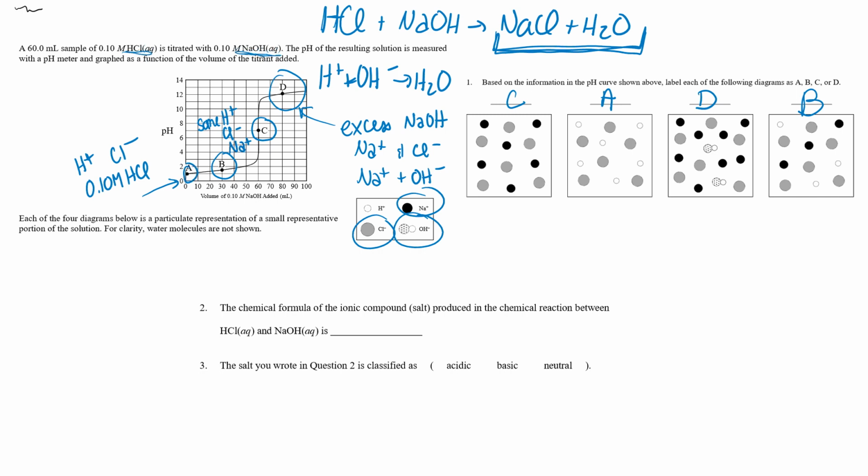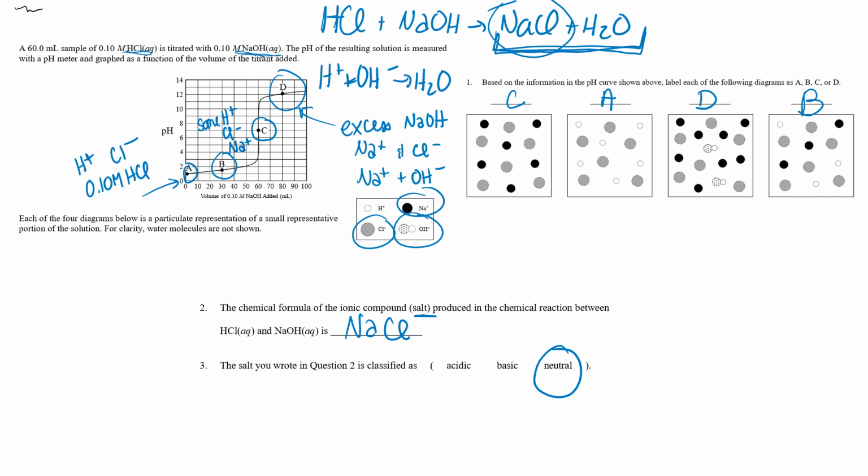Yeah. So the chemical formula of the salt produced in the chemical reaction, that's this right here. So this reaction produces NaCl. So salt is the ionic compound that is made in your acid-base neutralization reaction. And this salt is neutral.